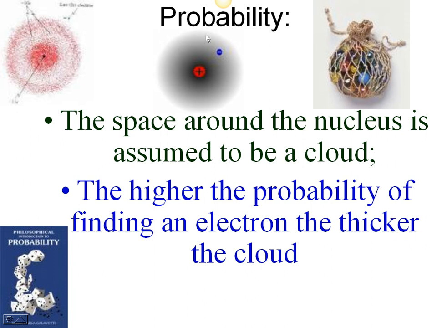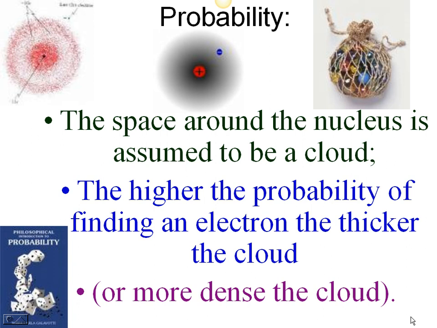As we get to the less dark or lightly shaded, then we have less of a chance of finding an electron. In this picture here, the darker areas are where we're going to find more electrons, and the lighter areas are where we're not going to find too many electrons. It all relates to probability, or the more dense the cloud.